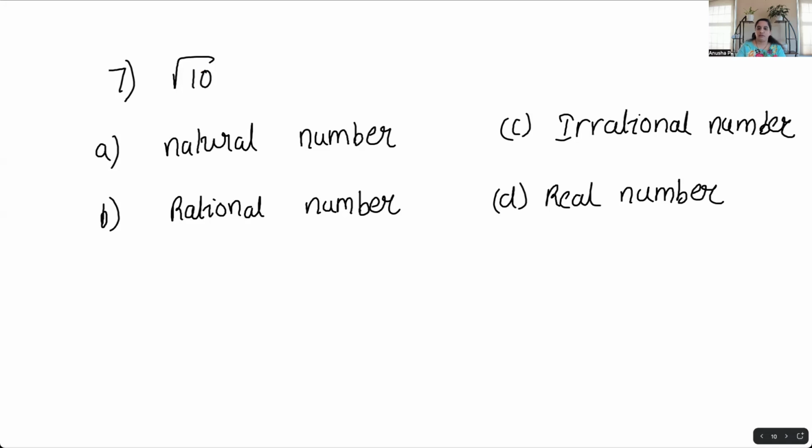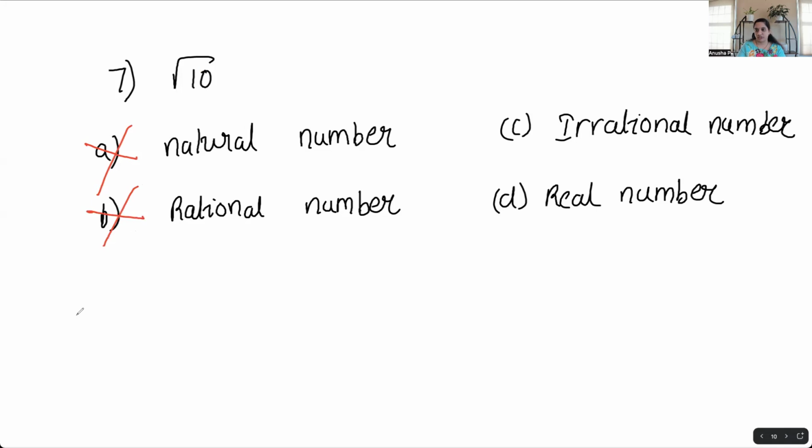And square root of 10. Square root of 10, is it a natural number? No, it is not a natural number. Okay, natural numbers are just the positive numbers. Is it a rational number? No. Rational numbers are just positive numbers and negative numbers, positive fractions and negative fractions. So square roots will not come under the rational numbers.